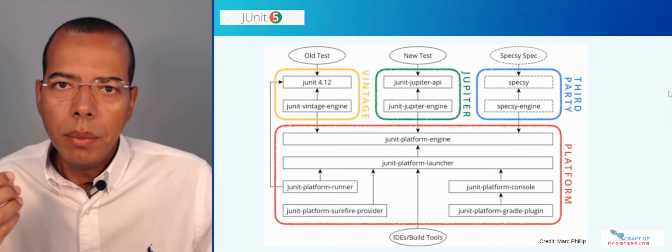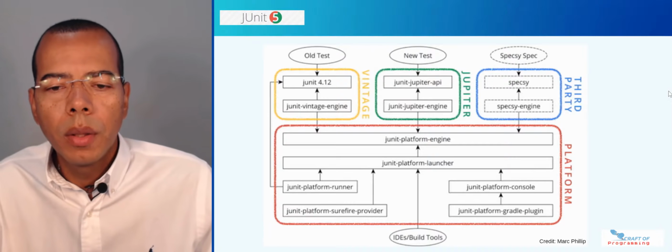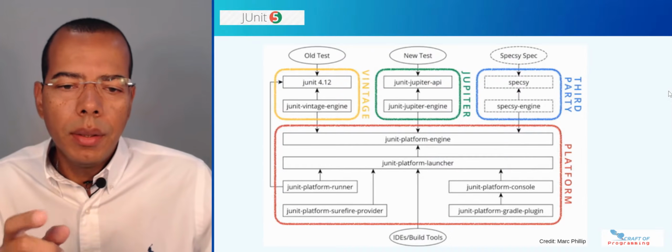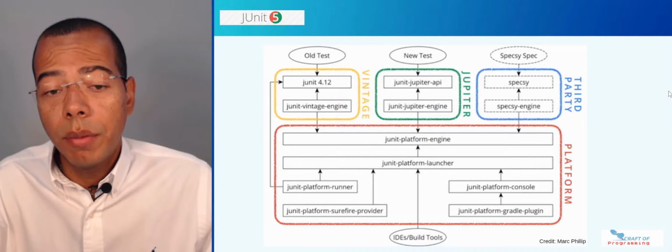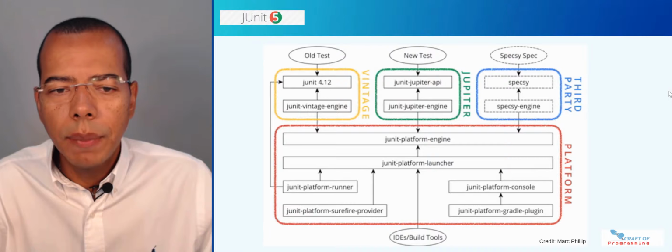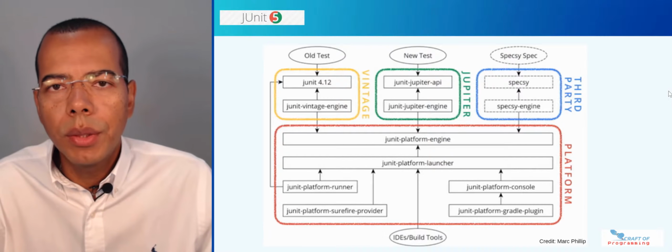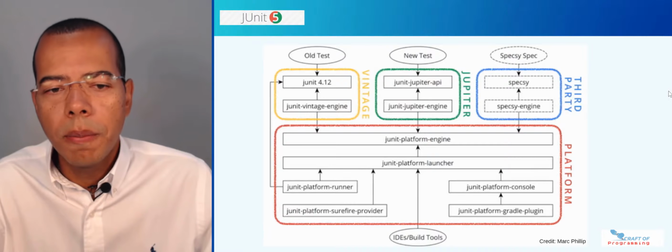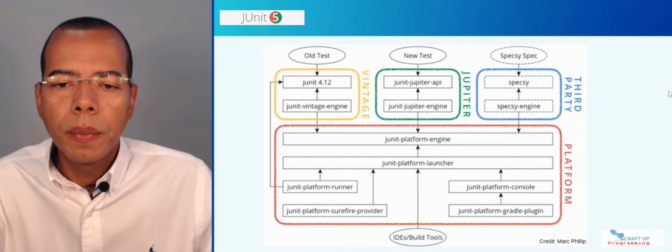That's the key dependency your tests depend on. The vintage engine in yellow is provided for backwards compatibility, so that existing JUnit 4 tests can run in the new platform.